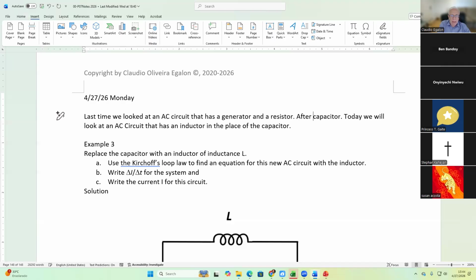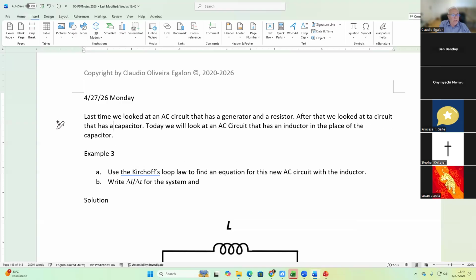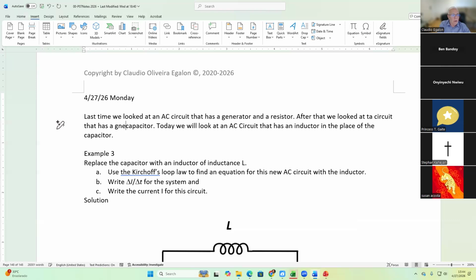After that, we looked at a circuit that has a generator and a capacitor. Today we look at an AC circuit that has an inductor in the place of the capacitor.